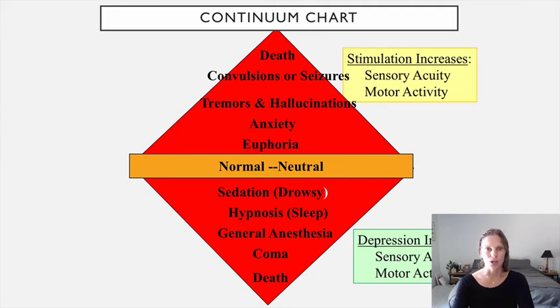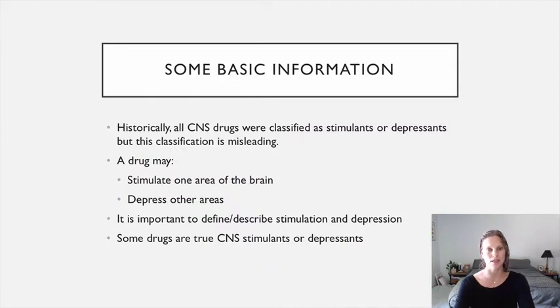All right. So let's just think here about the central nervous system drugs for a minute. If you go back historically, which we don't have to go back very far because drugs haven't been around all that long, historically the CNS drugs were classified as stimulants or depressants.